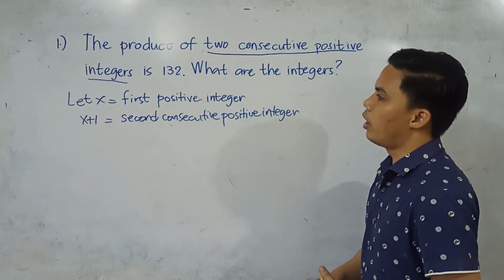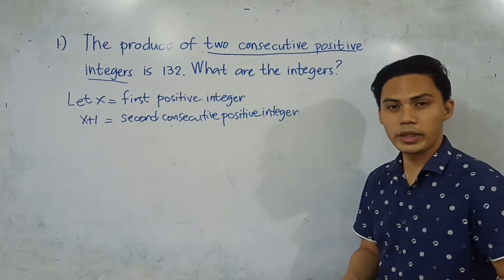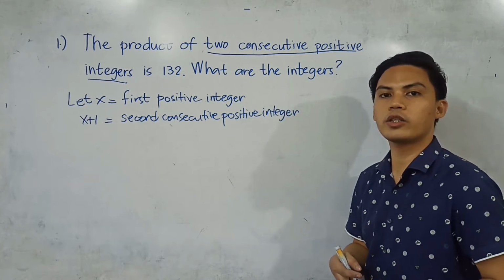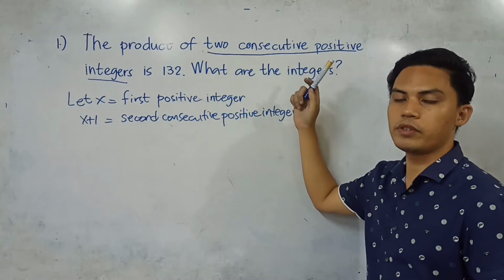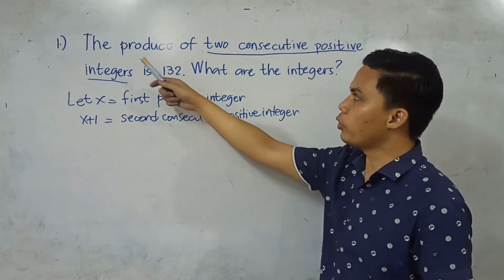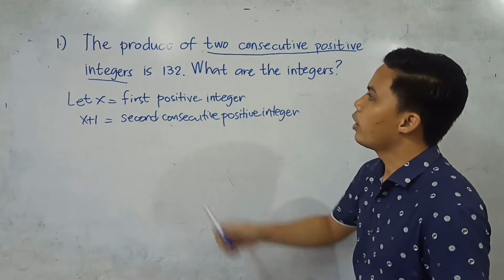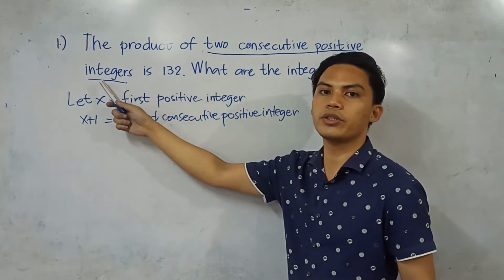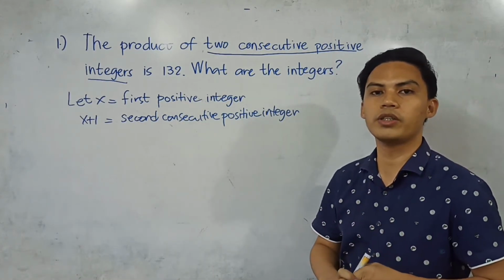Okay. Next, we have to formulate an equation. Kung magpo-formulate tayo ng equation, we're going to base that dun sa sentence na binigay or sa information na binigay. We're going to interpret the first sentence one by one. The product of 2 consecutive positive integers. So, ano ba yung representation ng 2 positive consecutive integers natin?